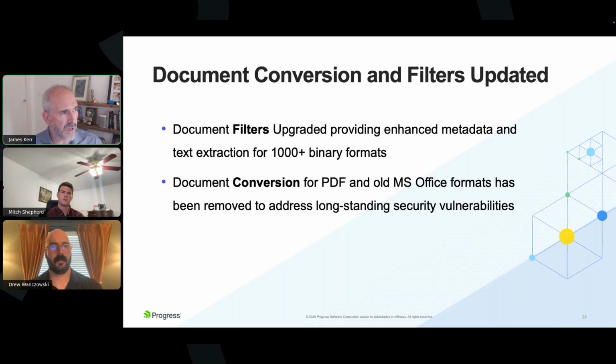And that conversion capability is not to be confused with filtering. I know the wording is a little bit complicated there, but conversion is the process for converting a Word document into a renderable format in XHTML. And so that capability is removed in MarkLogic 12.